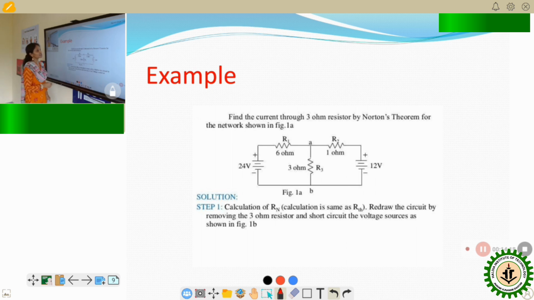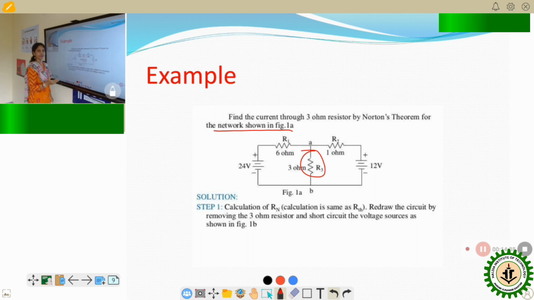Find the current through the 3 ohm resistor for the network shown in the figure. This network has 12 volt, 24 volt, 12 volt sources, and R1, R2 and R3. Find the current through the 3 ohm resistor. That means the 3 ohm resistor is RL.